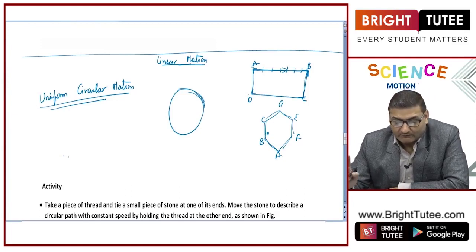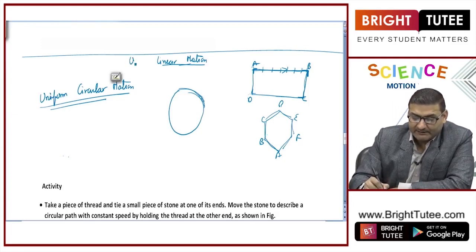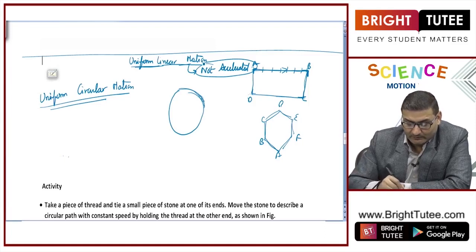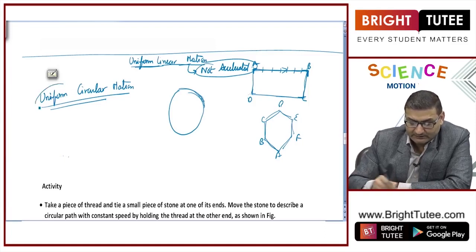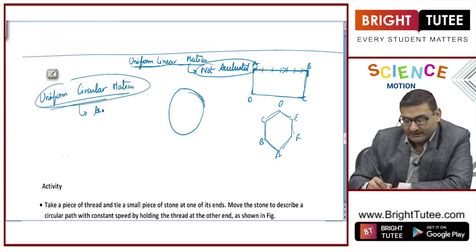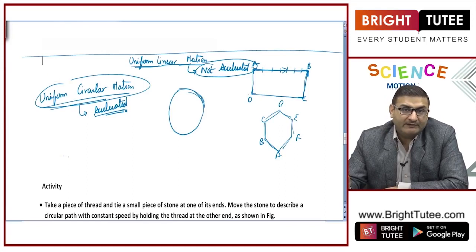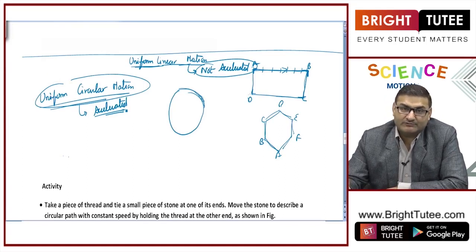So a very important thing: uniform linear motion is not accelerated motion, but uniform circular motion has to be accelerated motion. This is quite an important difference between uniform linear motion and uniform circular motion.